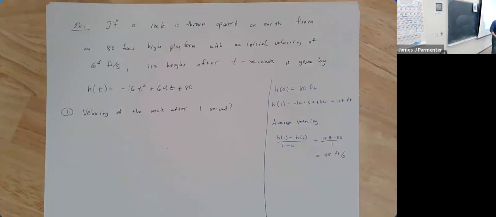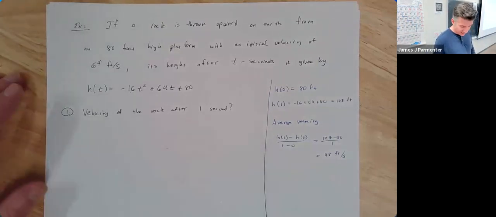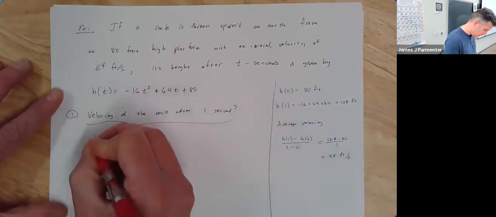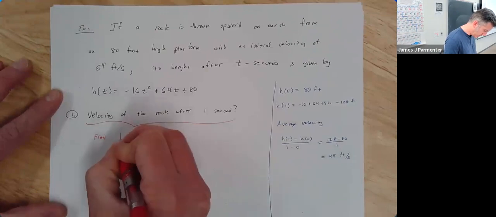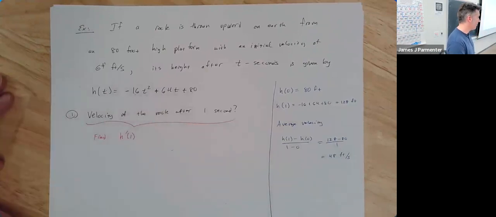So the question, how do I find the velocity after 1 second, is really code for find h prime of 1. It wants the derivative of this function at time equal to 1 second.